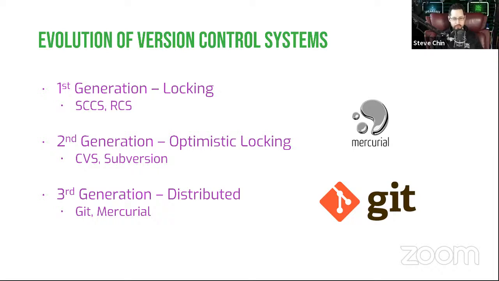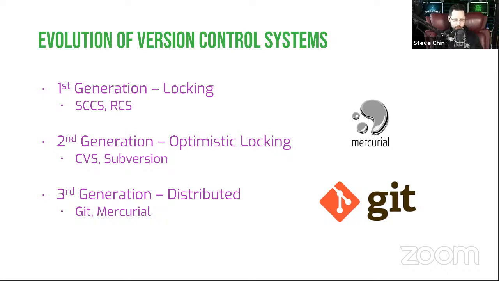CVS was particularly bad on three-way merges because the base version it chose and the way it did merges would sometimes have you reintegrating the same change over and over and over again. Subversion was a little bit smarter about this and also had better branching, and the server crashes less in general. So for this class of version control system, Subversion was kind of the best.